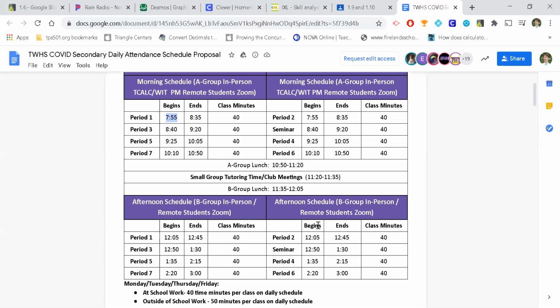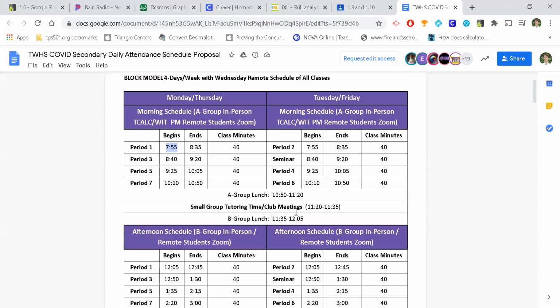There are two catches. First catch is if you want between 11:20 and 11:35, this 15-minute dead zone, and possibly overlapping some of your lunch if you want even more, you can get small group tutoring help. So if you wanted to come to my classroom after you eat lunch, you could to get some help from me.